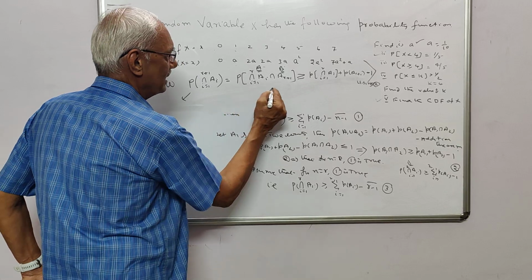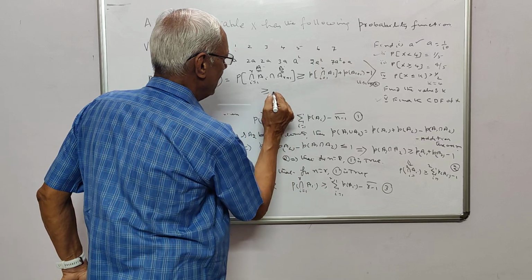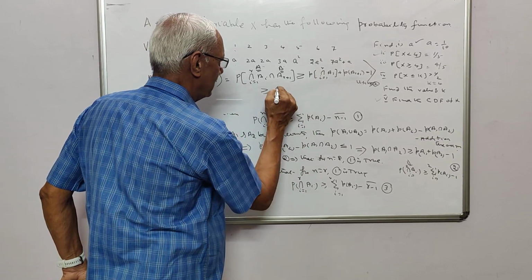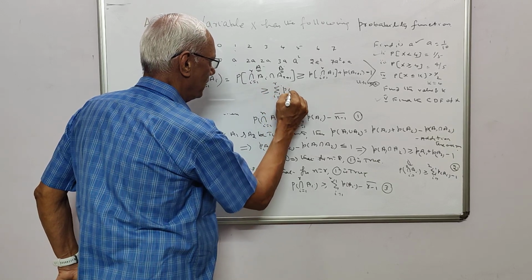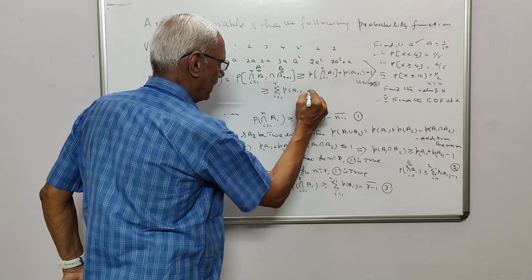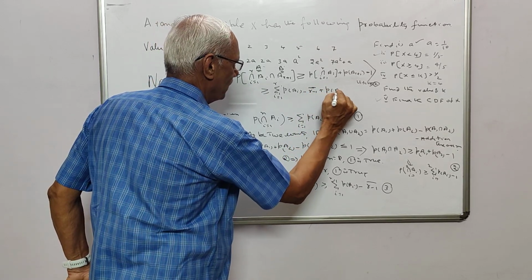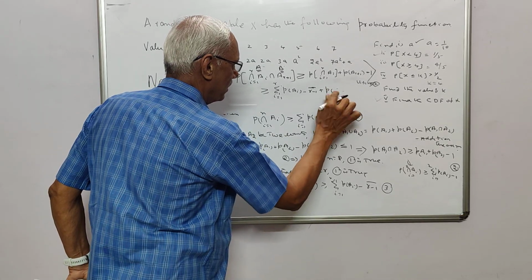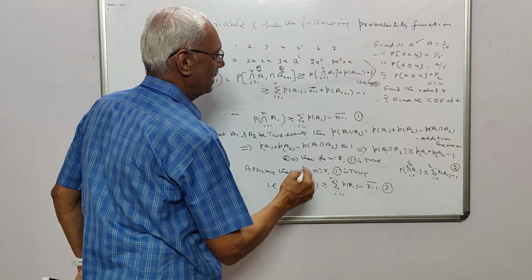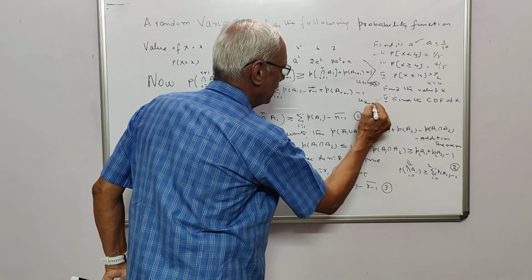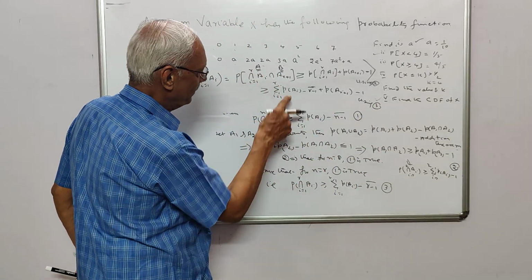Then this will again be greater than or equal to the sum of P of ai, i is equal to 1 to r, minus r minus 1, plus P of ar plus 1 minus 1. This is using 3, because as per our assumption this is what we have here.